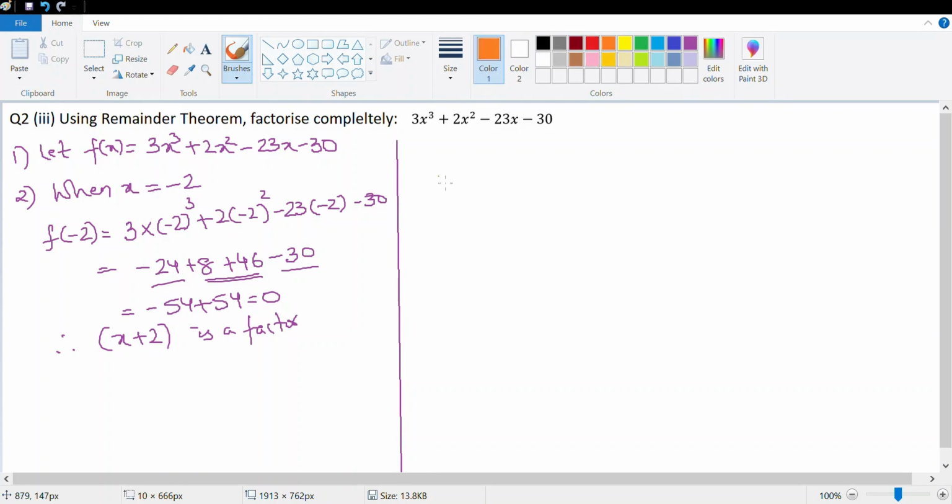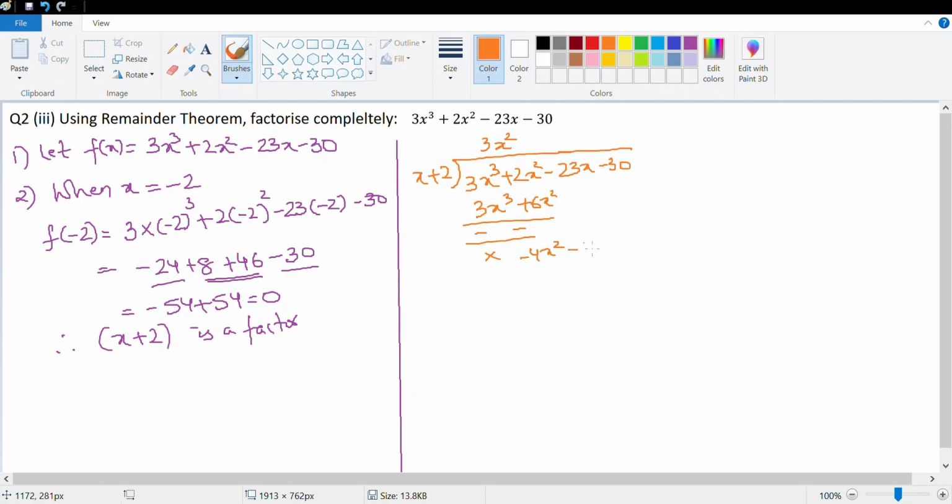Now to divide. So we are dividing it by x plus 2, and that's 3x cubed plus 2x squared minus 23x minus 30. So x would be multiplied with 3x squared. That'll give us 3x cubed plus 6x squared. Subtract, this is 0. 2 minus 6, that's negative 4x squared minus 23x minus 30.